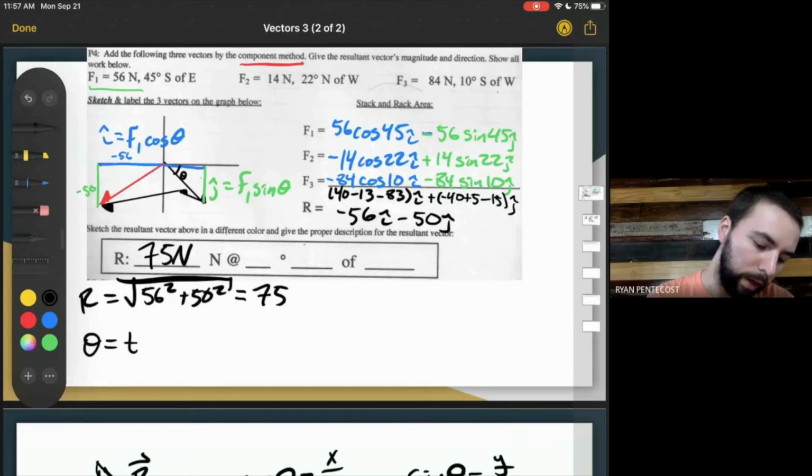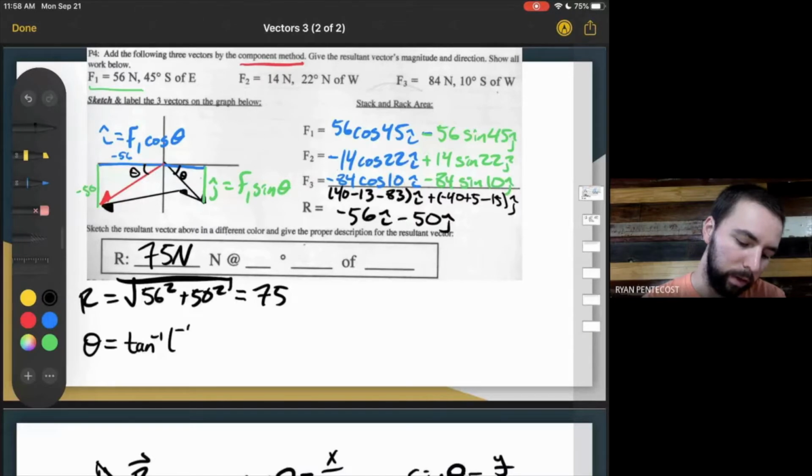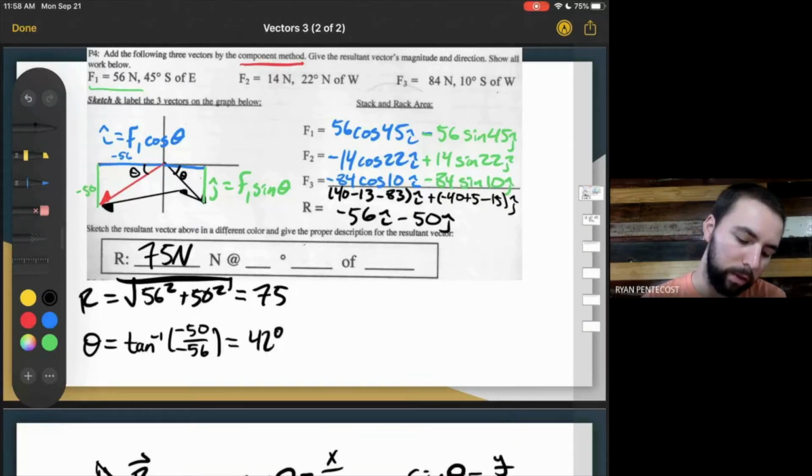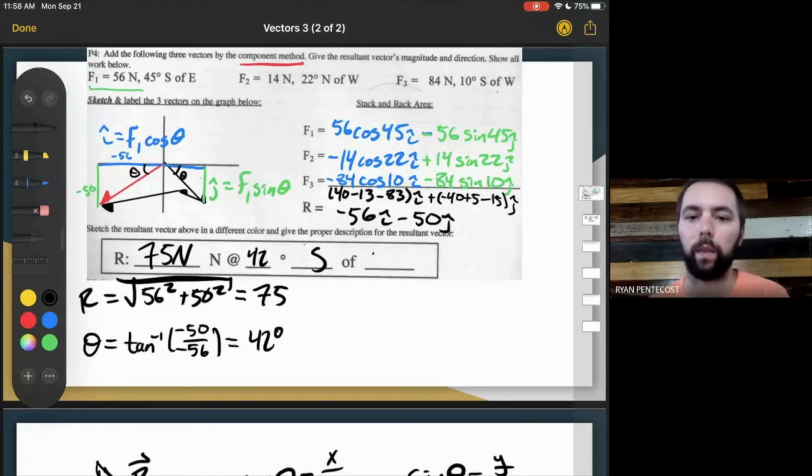So opposite is negative 50, adjacent, negative 56. So that will come out to 42 degrees, and that is south of west. And you can tell that just by the coordinate system, looking at that red vector.